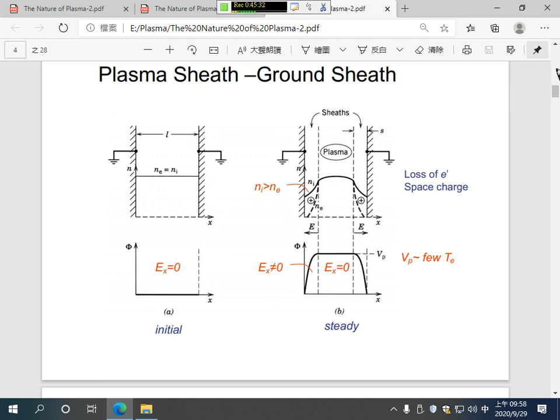So in a steady state, the flux of electrons and flux of ions to the surface of the ground metal plate are equal. But at the beginning, the flux of electrons is much larger than the flux of ions. Okay.